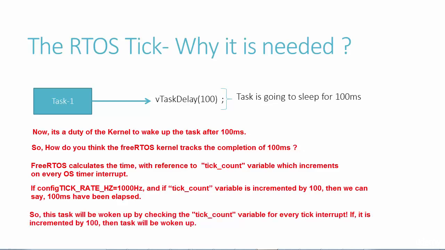So this task will be woken up by checking the value of the tick count variable at each kernel tick interrupt. If the tick count value is incremented by 100, then the task will be woken up. That's how FreeRTOS tracks the time elapsed in the system. And for that, tick interrupts are very essential, and the tick interrupts are usually generated by a timer peripheral.